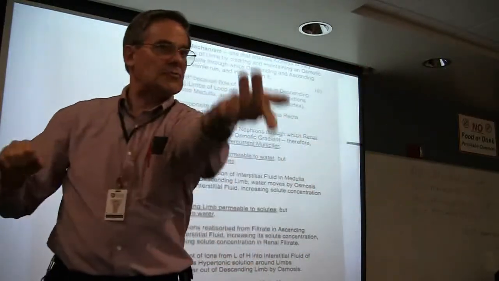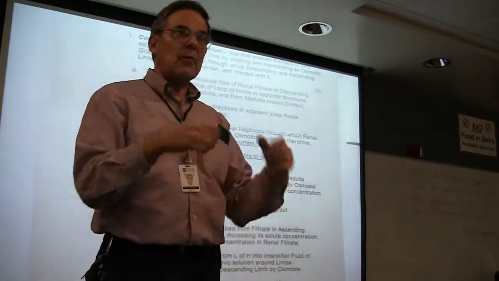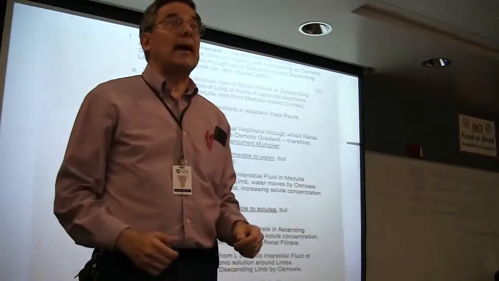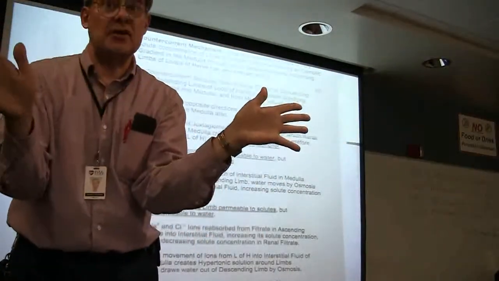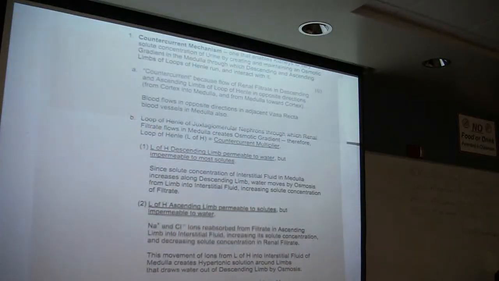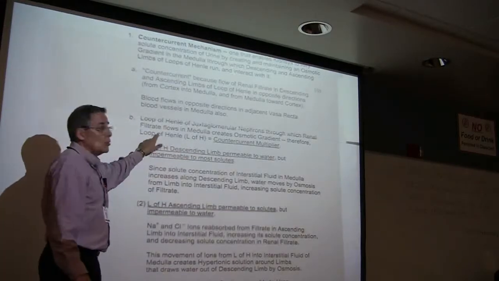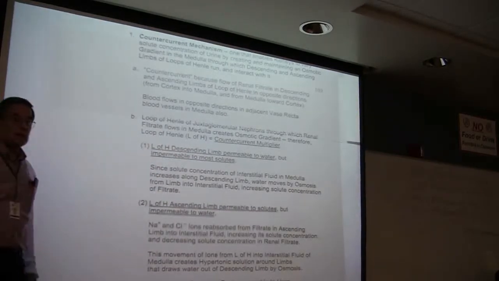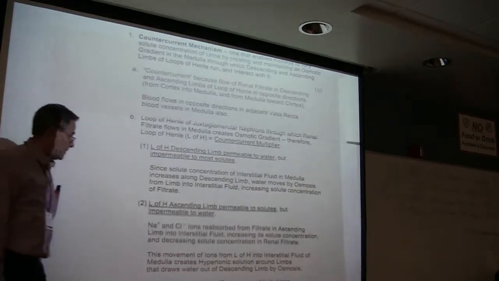But then as it rounds the corner and goes up in the ascending limb, now the water can't come out, but solutes can. So the solutes contribute to that hypertonic environment because you're pulling out especially sodium and chloride ions. Okay? So again, this is the countercurrent multiplier, the loop of Henle, those long loops of Henle that pass down into the medulla.